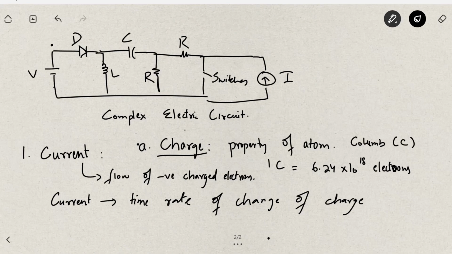So time rate of change of charge is actually what is known as current, or we can say I is equal to dq by dt, and its units are ampere or simply A.